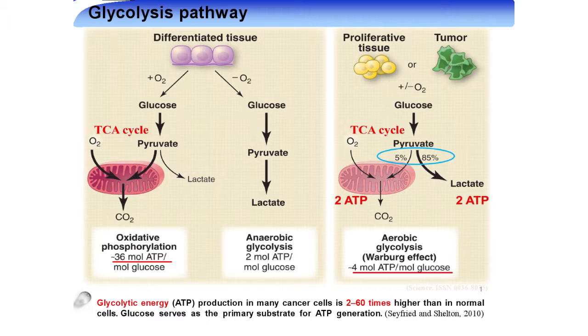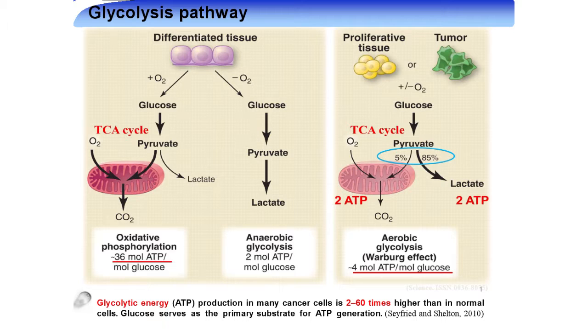However, in tumor or proliferative tissue, not only cancer cell but any abnormal cell, they mutated, especially the glycolysis and TCA cycle, and they have very low efficiency to use glucose.